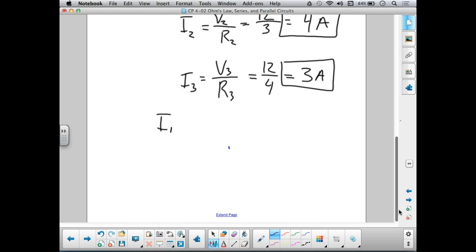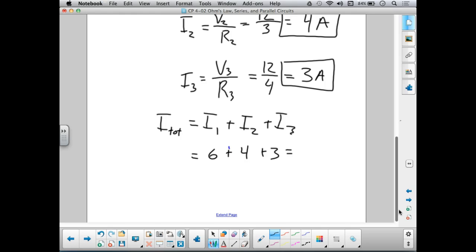I'm going to say I total, the total current, should be equal to I1 plus I2 plus I3. It's got to be equal to the sum of all the different branch currents, just by conservation of energy. So I1 was 6 amps, I2 was 4, and I3 was 3 amps.